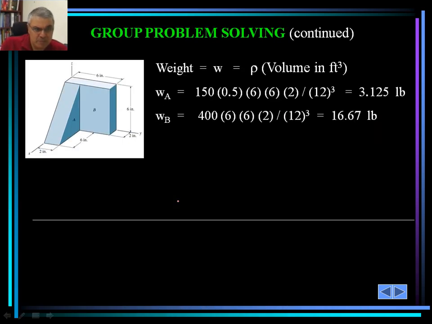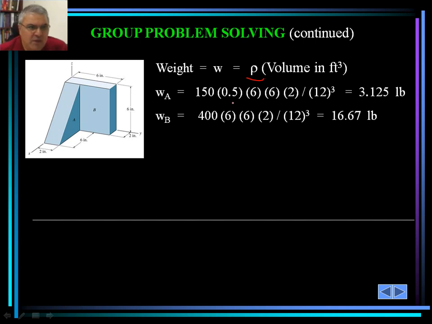So the rho is the volume in cubic feet, and W sub A would be the weight of part A, and W sub B is the weight of part B. What we do is we calculate the volume, and knowing the weight per volume, or density, we can actually calculate it.